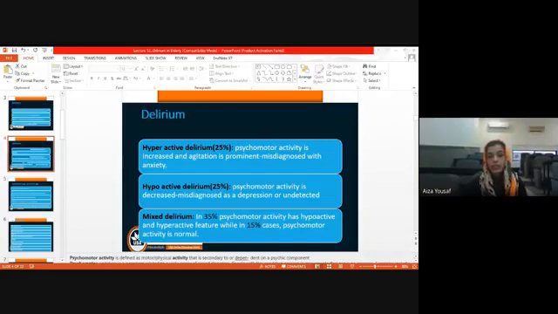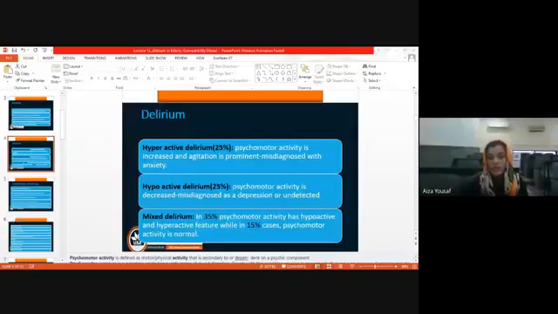This psychomotor activity in the hyperactive type may be due to alcohol withdrawal or drug abuse or drug withdrawal. It is the classical example of the hyperactive type, and it is also known as delirium tremens.